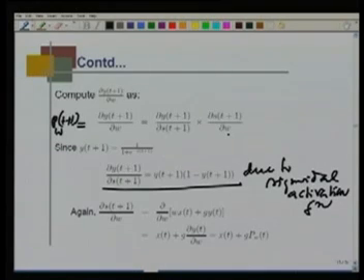When you differentiate this with respect to s(t+1), you get this particular term. Similarly, del s(t+1) upon del w. So, s(t+1) is this one.